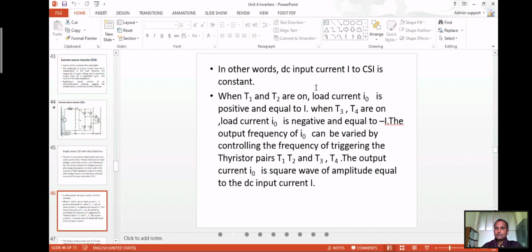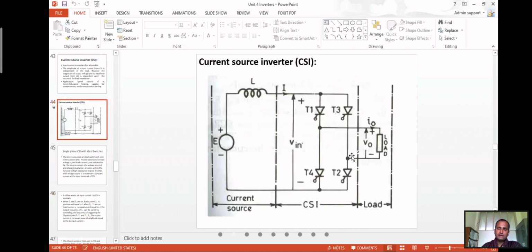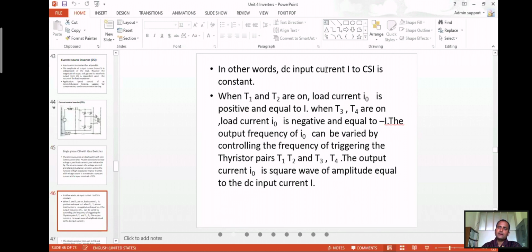T1 and T2 are fired together, and when they are on, the load current I naught is positive. When T3 and T4 are fired, the load current I naught is negative, equal to negative I.